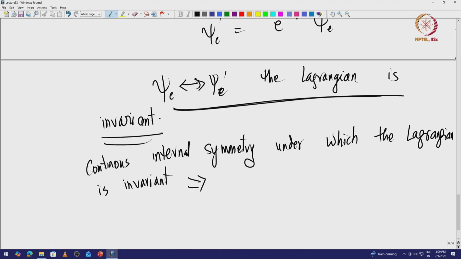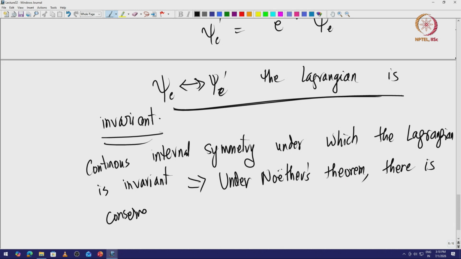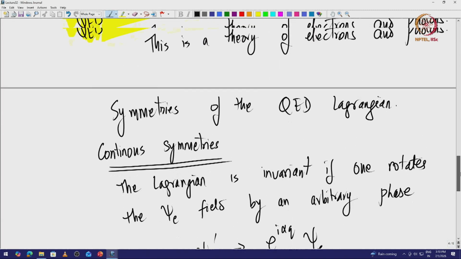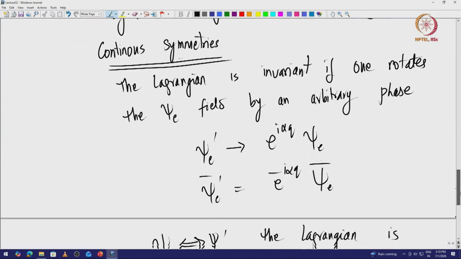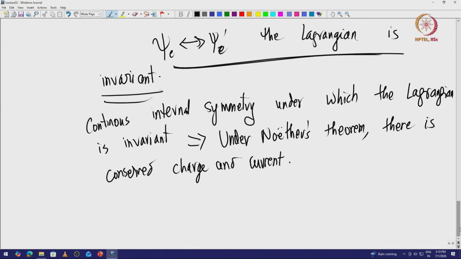Which by itself means that under Noether's theorem there is a conserved charge and current, and which has the same form as what we have written, essentially psi bar gamma mu psi. So, under Noether's theorem there is a conserved charge and current.